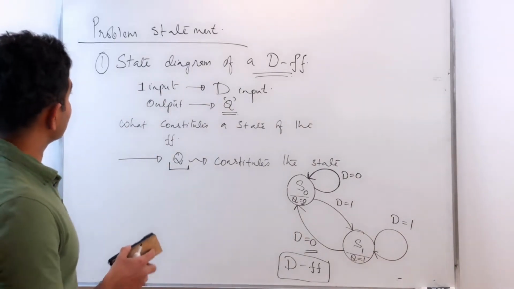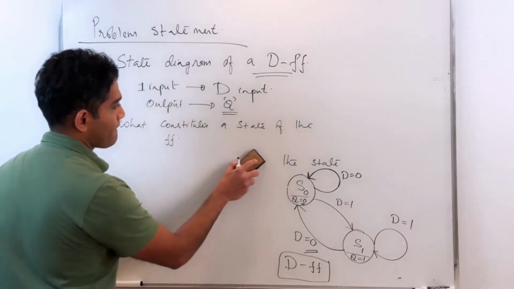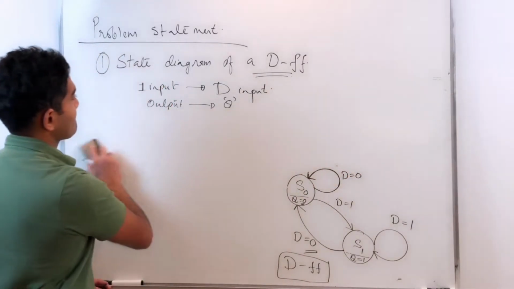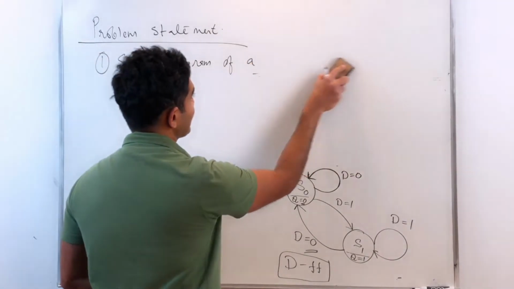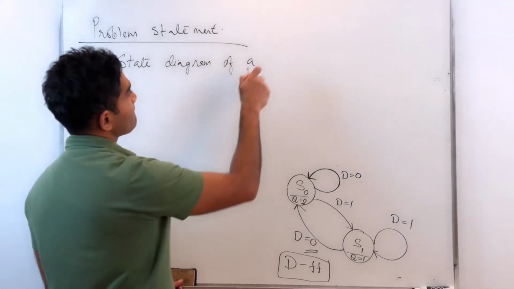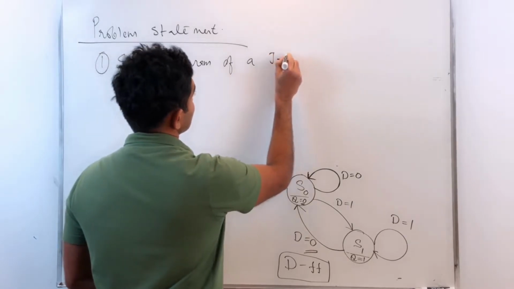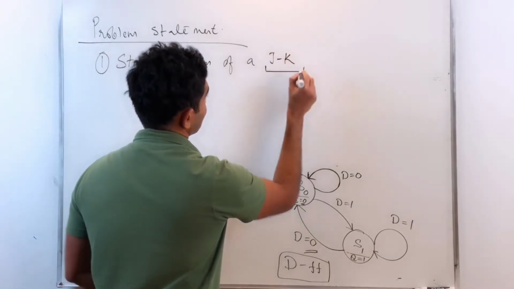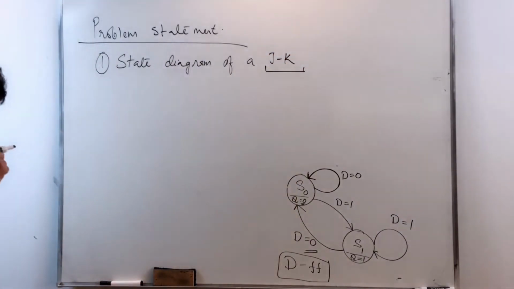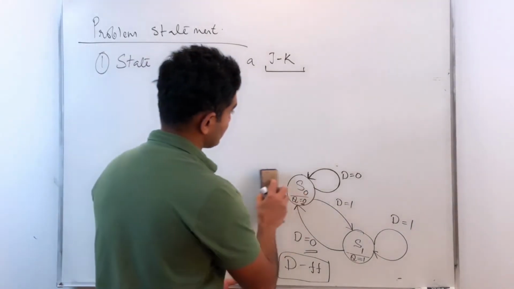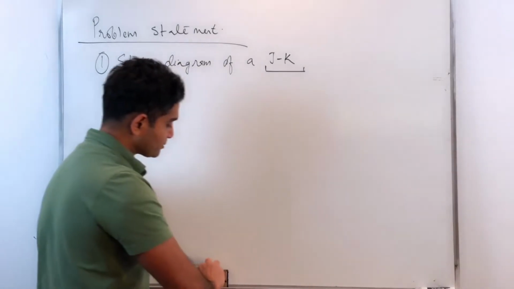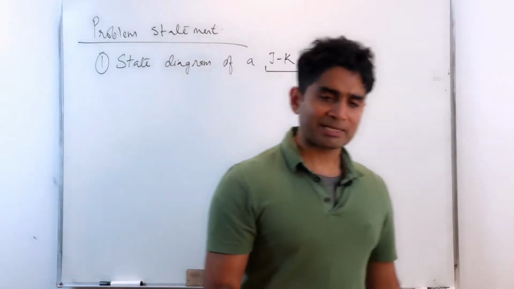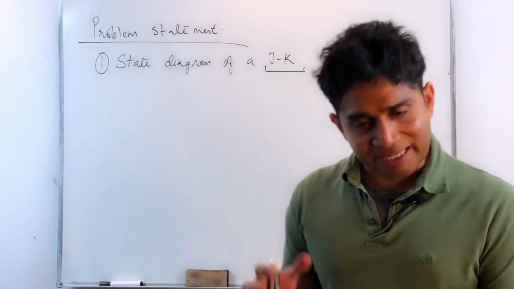Now let's look at another example. How about a state diagram for a J-K flip-flop? In this example, we'll actually try to implement a J-K flip-flop as a state machine.